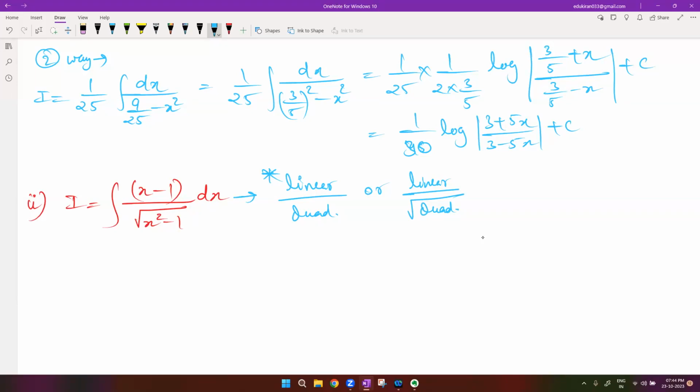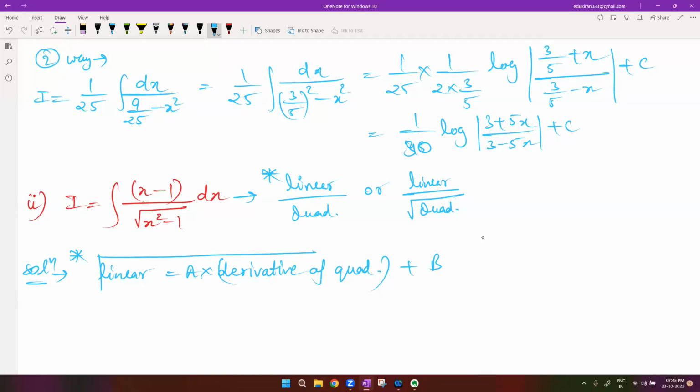To solve this question, you always need to do this. You put your linear expression equal to a times the derivative of the quadratic expression plus b.